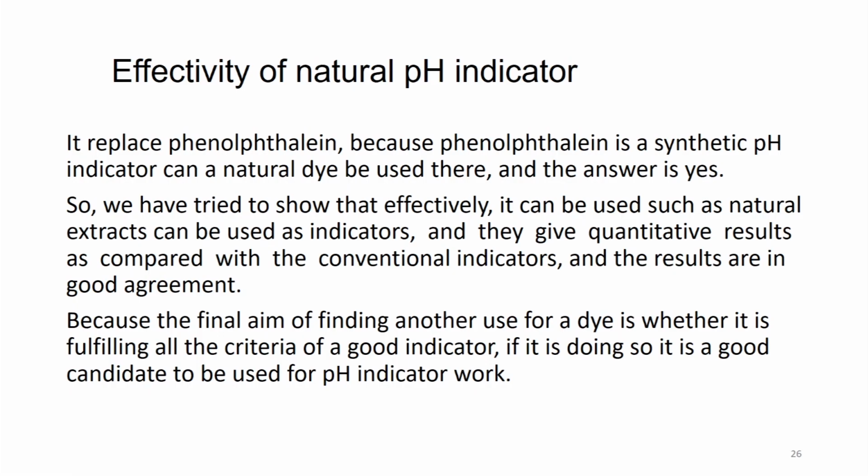And we checked the homogeneity, and we found that it does give very good and consistent results. Because the final aim of finding another use of the dye is whether it is fulfilling all the criteria of a good pH indicator. If it is doing so, it is a good candidate to be used as a pH indicator.